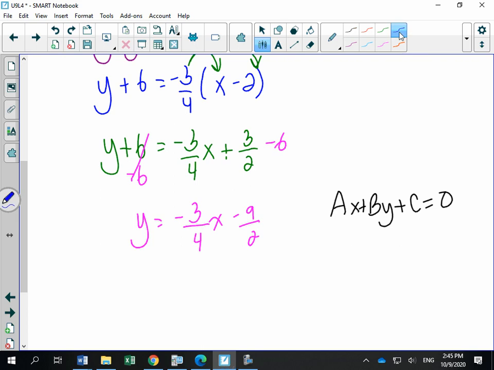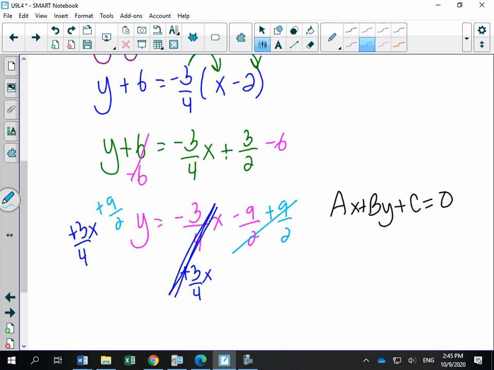So how you get rid of a negative 3 over 4 x is you add 3 over 4 x to both sides. This is gone. Get rid of that negative 9 over 2 by adding 9 over 2 to both sides. This is gone.